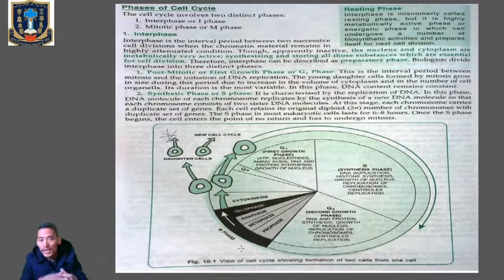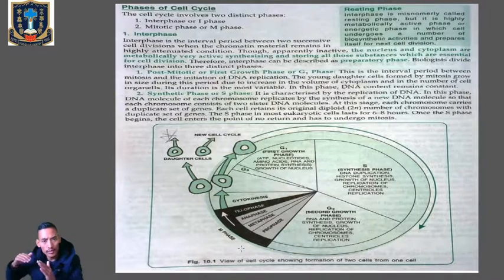Though apparently inactive, the nucleus and the cytoplasm are metabolically very active. So during this interphase, the nucleus and the cytoplasm will be metabolically active. There will be synthesis and storing of all those substances which are essential for cell division. So here the cell is preparing itself to enter the mitosis phase, the cell division phase.